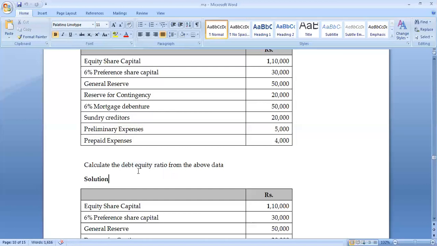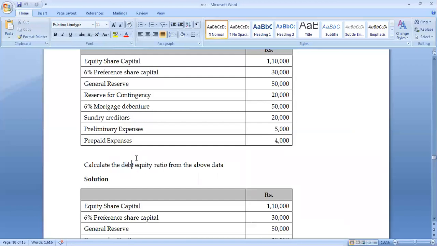Always remember, the debt equity ratio considers the debt, and debt is nothing but the debentures, which will be divided by all the equity, that is, all the shareholders' funds except the miscellaneous expenses as well as the losses. So this you have to find out.